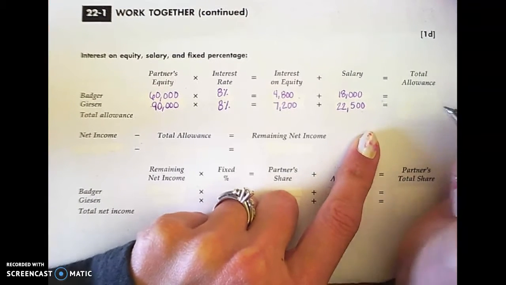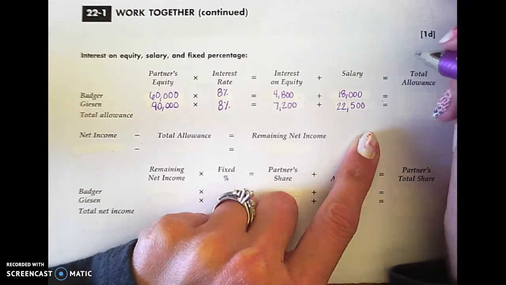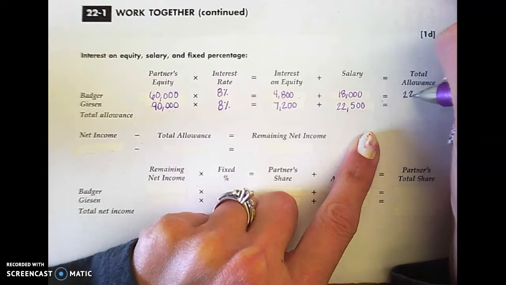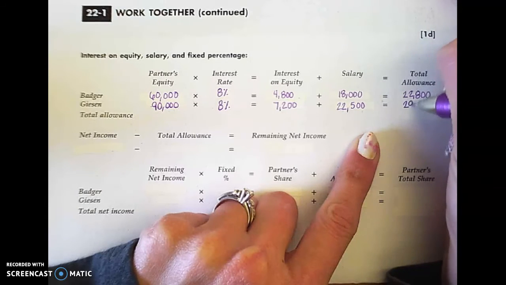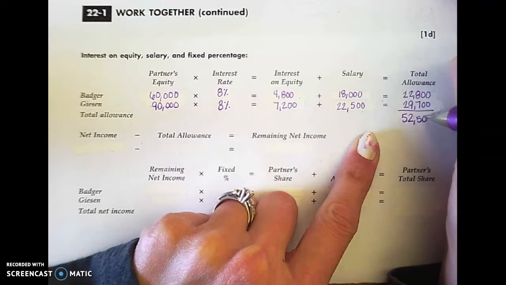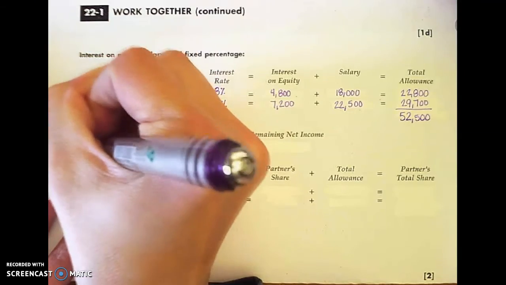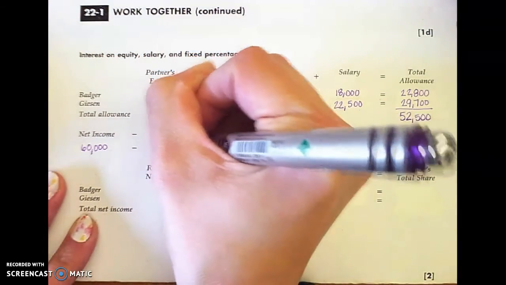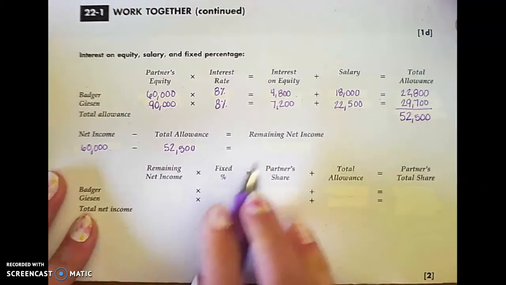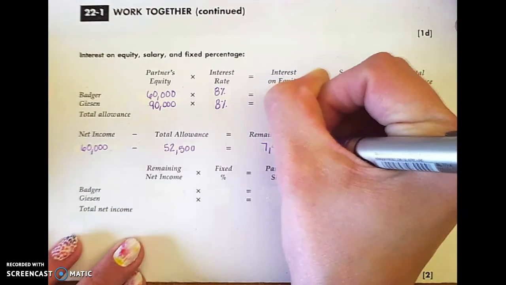So their total allowance, if we take our interest plus our salary, for Badger is 22,800. Geeson, that will be 29,700. So that's a total of $52,500. Now our net income was $60,000, and they said whatever was left over they were going to split. So $60,000 minus $52,500. The remaining net income that they need to split equally is $7,500.